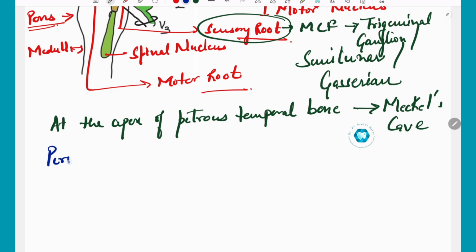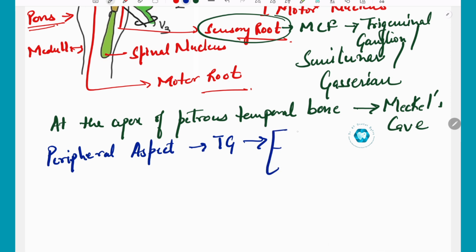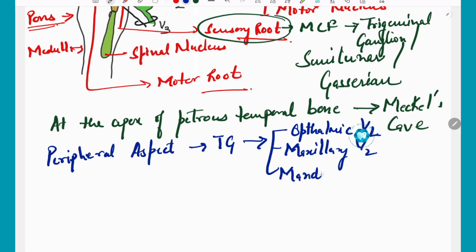The peripheral aspect of the trigeminal ganglion gives rise to three divisions: the ophthalmic, maxillary, and the mandibular.